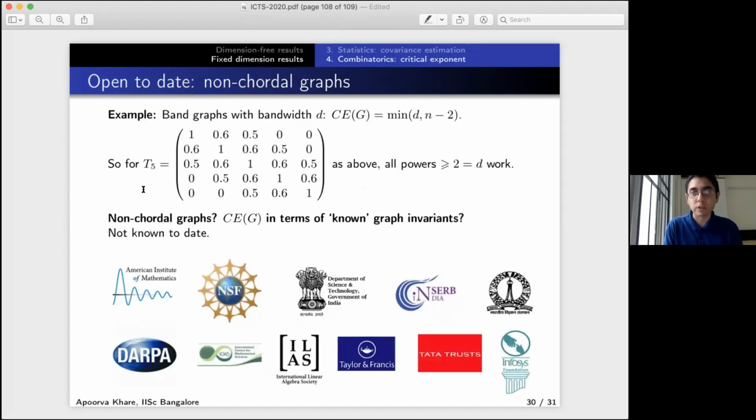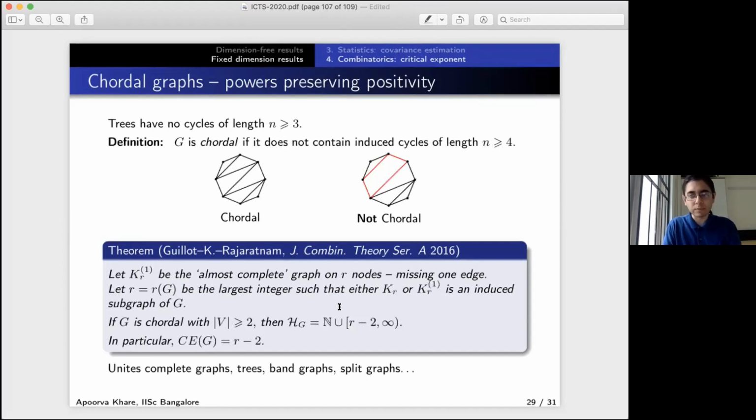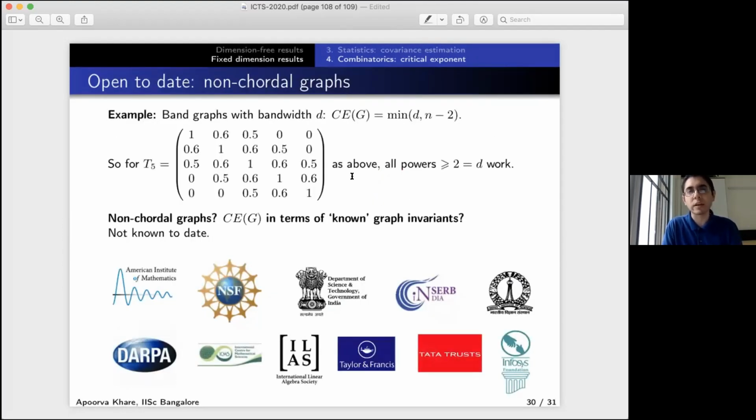This was just for chordal graphs. What about for non-chordal graphs? For cycles, we have the same answer. The same combinatorial rule that I mentioned here will work when G is a cycle and you ask which powers preserve positivity on P_G. For other non-chordal graphs, the answer is not known. So it's completely open, and if you know a bit of MATLAB, you can simulate and really get intuition about this problem.